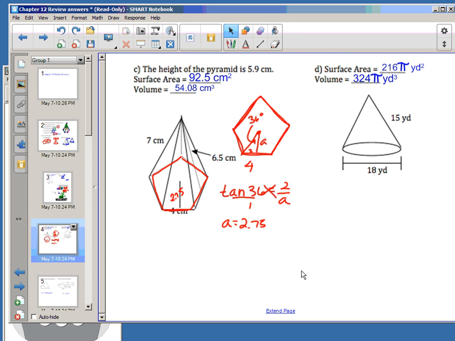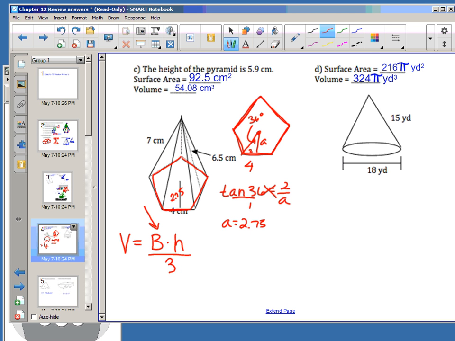So now I'm going to use that same apothem for the volume. And remember, the volume of a pyramid now is base times height divided by 3. I still need to find the area of my base. So my big B is going to be 1/2 perimeter times my apothem, which gives me the same area that I found before, 27.5. So the area of my base is 27.5.